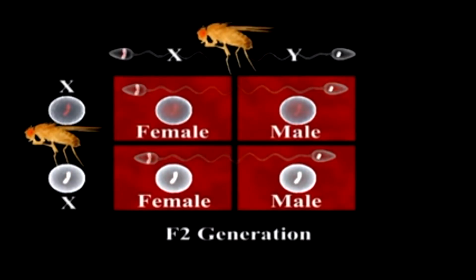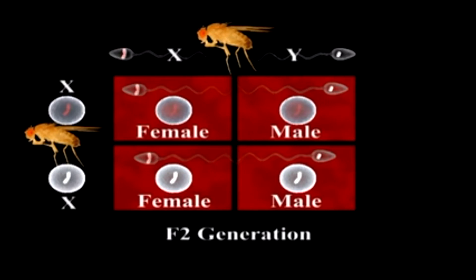Crossing the males and females of the F1 generation produces an F2 generation in which 1/2 of the females are homozygous for red eyes, inheriting 1 red eye gene from their mother's X chromosome and the other from their father's X chromosome, and 1/2 are heterozygous, inheriting the white eye gene from their mother and the red eye gene from their father. 1/2 of the males are red-eyed, inheriting a red eye gene from the mother's X chromosome and no eye color gene from their father's Y chromosome.